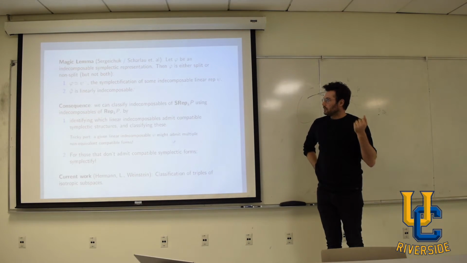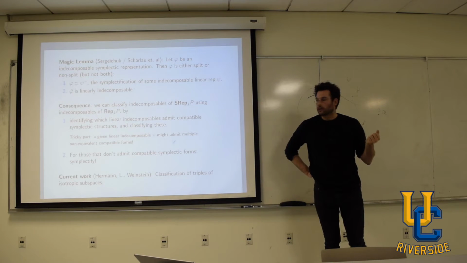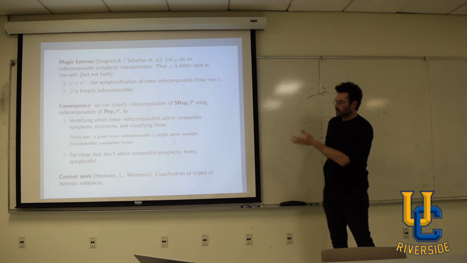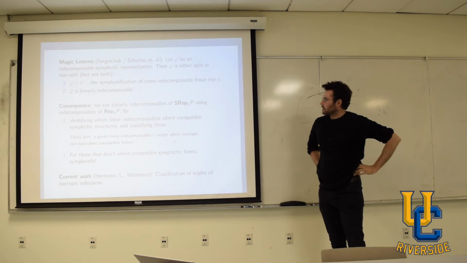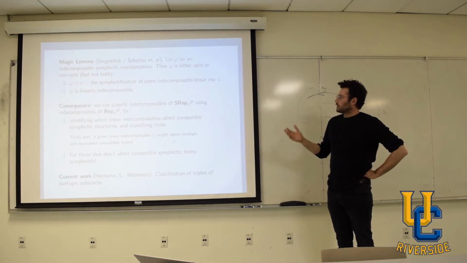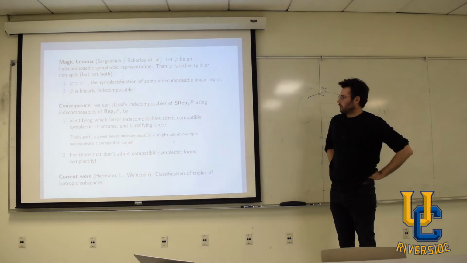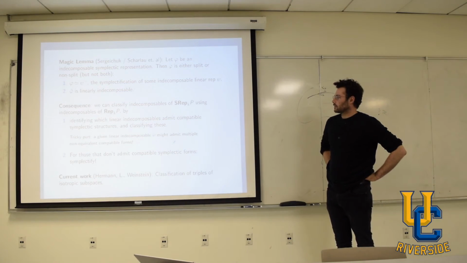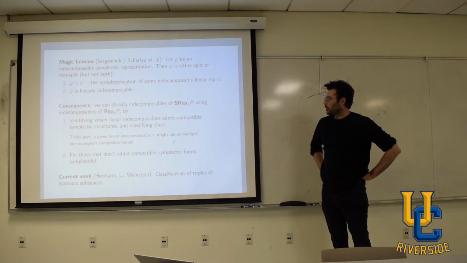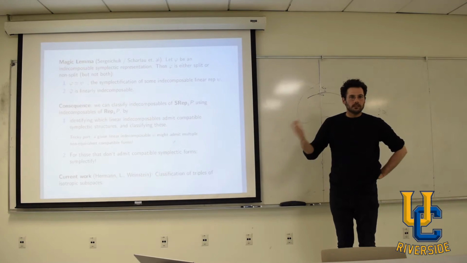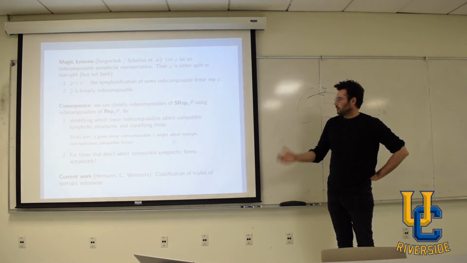The reason this is good news is that we can use the following strategy for our classification. This is what allows us to easily relate the symplectic representations to the ordinary ones. We can first ask: what are the linear indecomposable representations which admit a compatible symplectic structure?